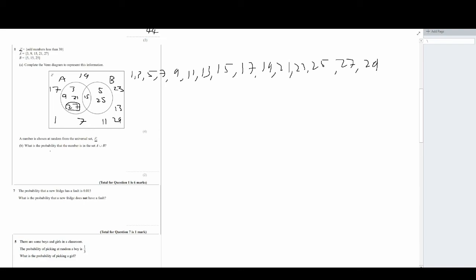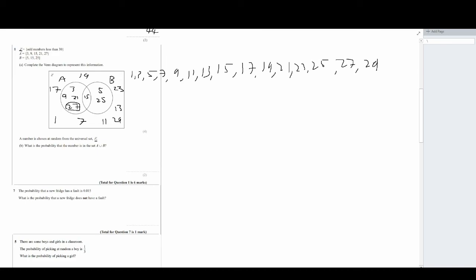So, moving on. What is the probability that the number is in set A union B? So, everything that is in A and everything which is in B. So we have 3, 9, 21, 27, 15.